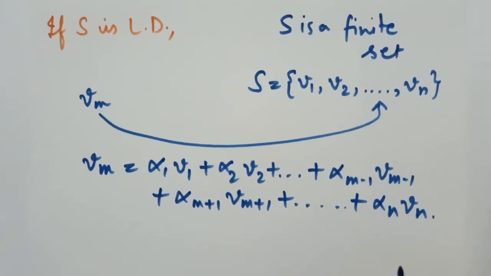So Vm is a linear combination of the rest of the other elements of the subset S.